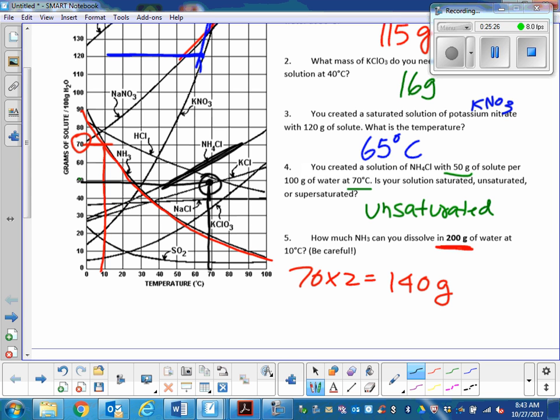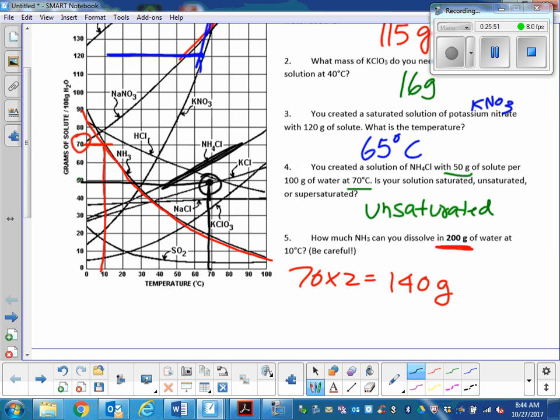Therefore, you are making an unsaturated solution. Do you understand? At that temperature, I have dissolved less than it can dissolve. Therefore, I have made an unsaturated solution. Is it making sense?